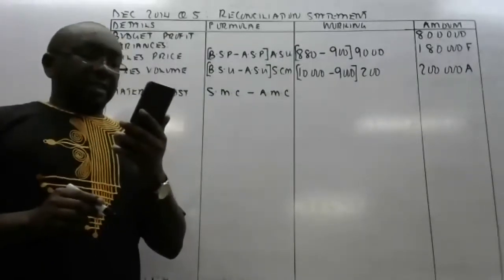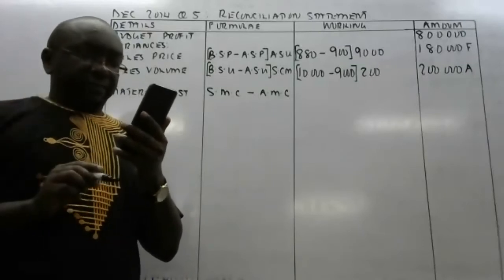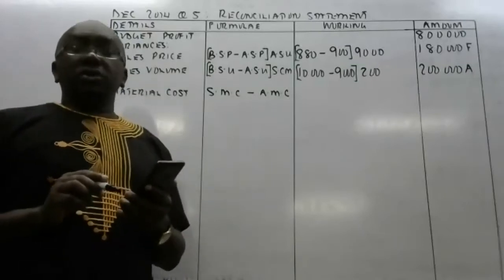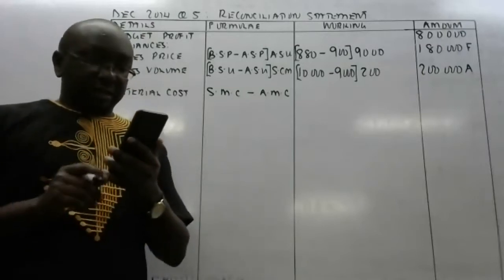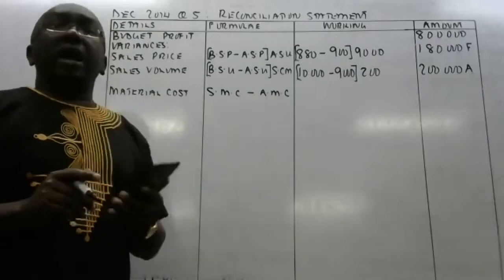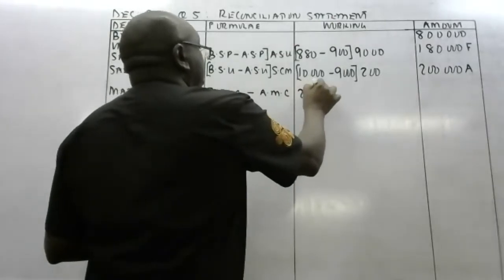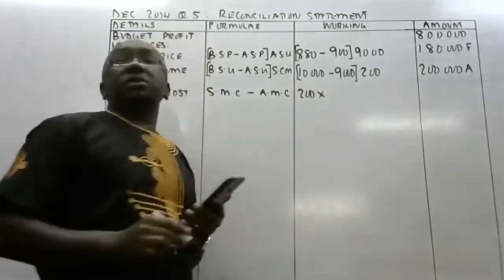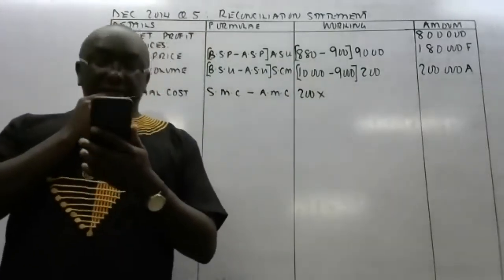When I go to material A, looking at the standard card, 1 unit was supposed to cost us how much as far as material A was concerned? This is 200. So it is supposed to be 200 times the actual number of units that were produced.